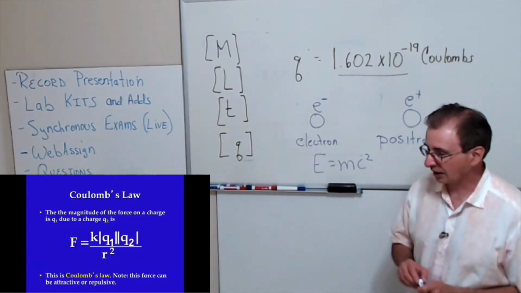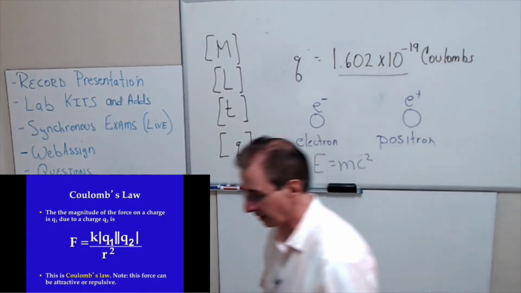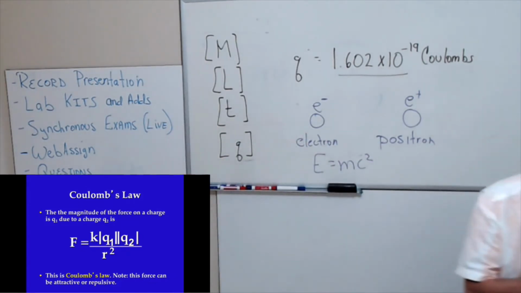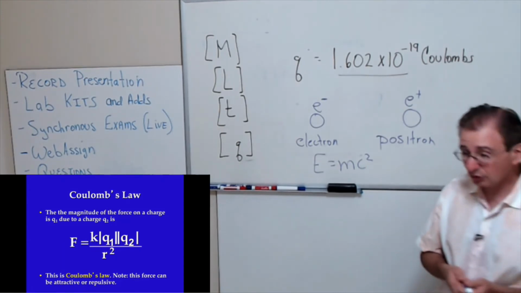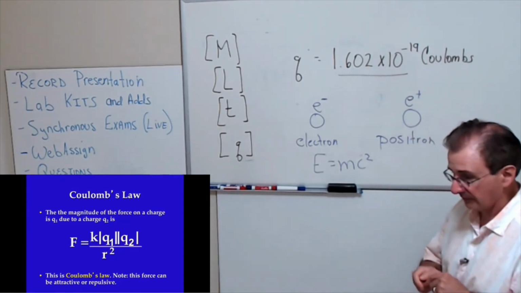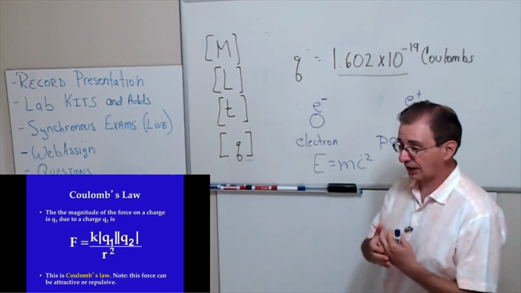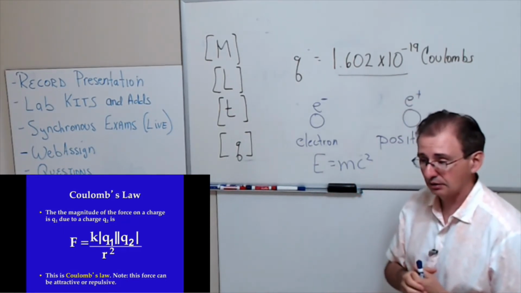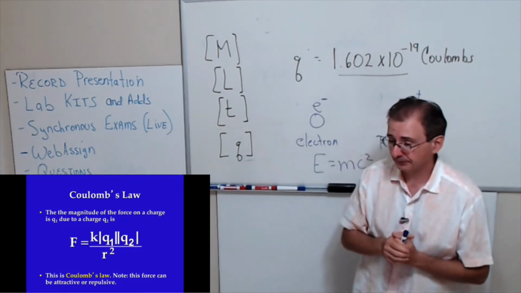Okay, so I want to talk about the main topic here. I need to look at the time. It's Coulomb's law, and Coulomb's law describes how these charges interact with each other, the force of attraction.